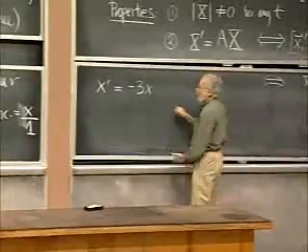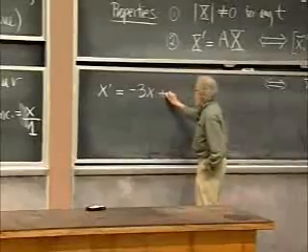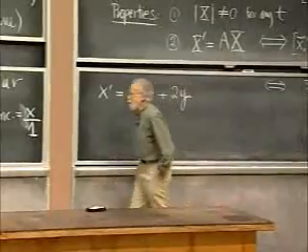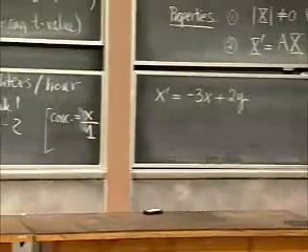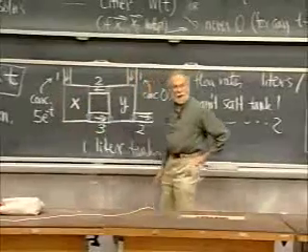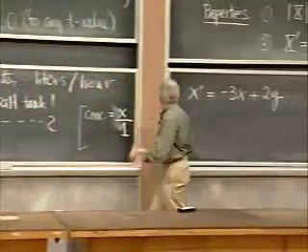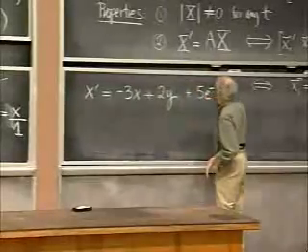Okay. X prime equals minus 3x. That's what's going out. What's coming in? Well, 2y is coming in. Concentration here, what's coming in is at y, 2 liters, plus what's coming in from the outside. So we have to add that in, and that will be plus 5e to the negative t.